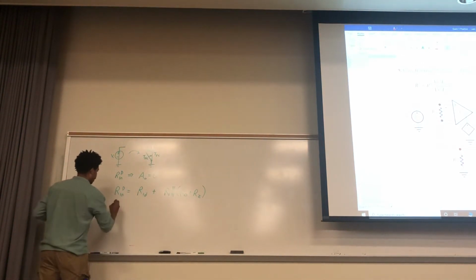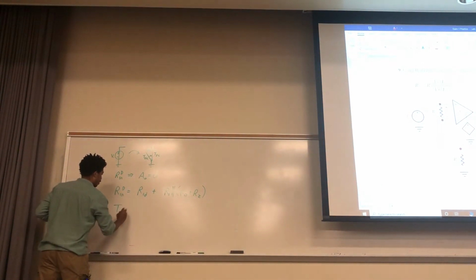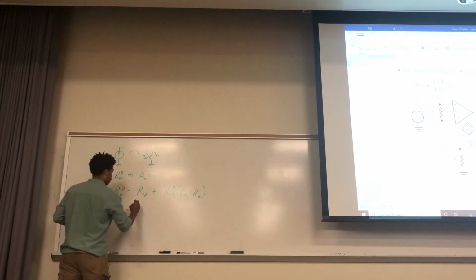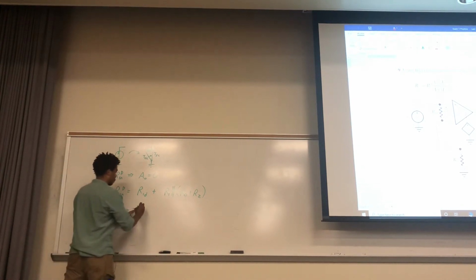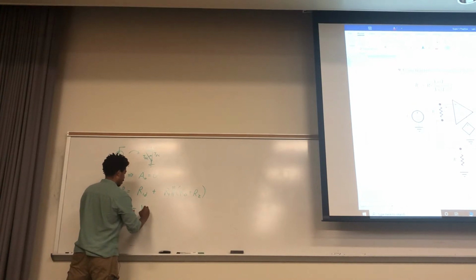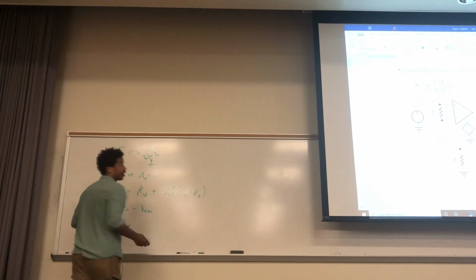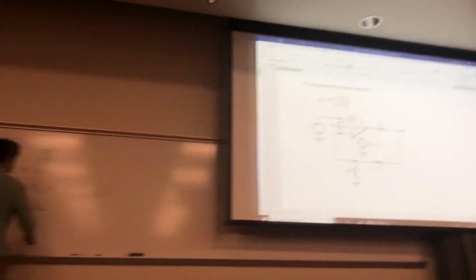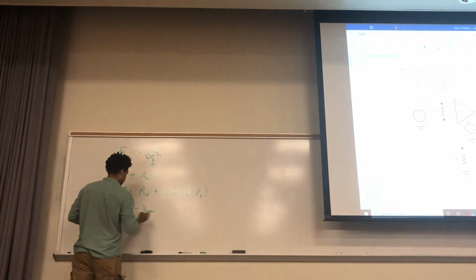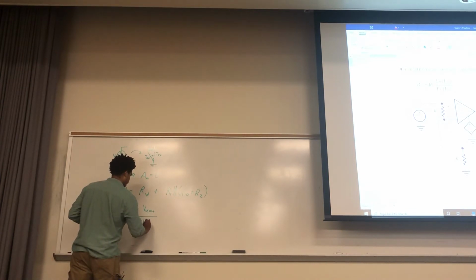So this short-circuited one right here is a negative feedback, right? It's your VID out, and that's what I'm calling this piece right here, divided by VID in.